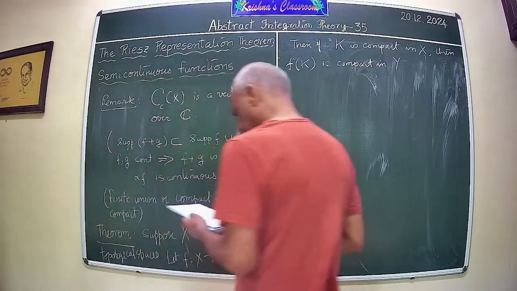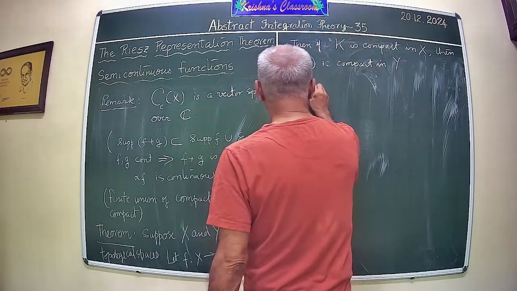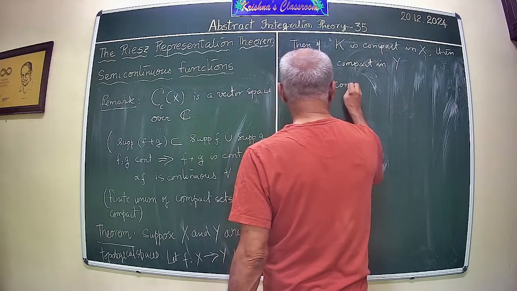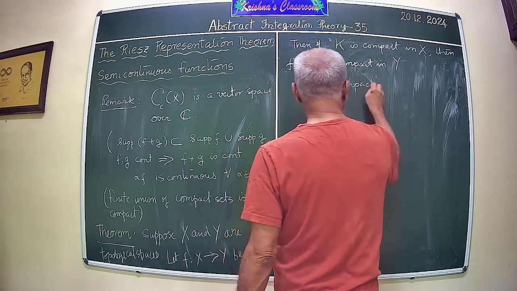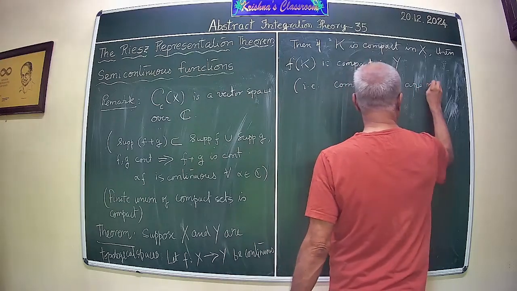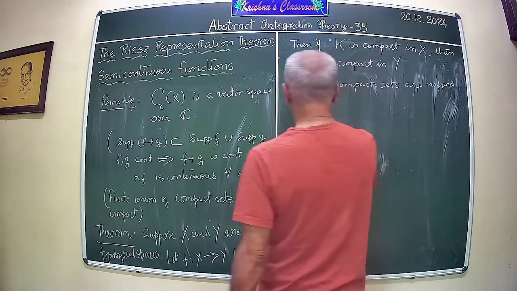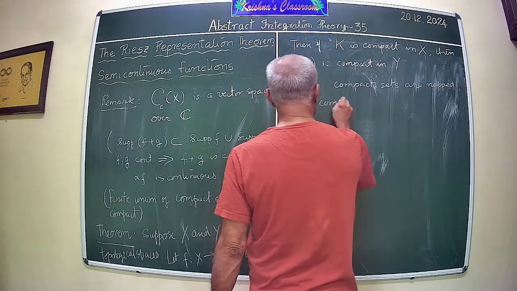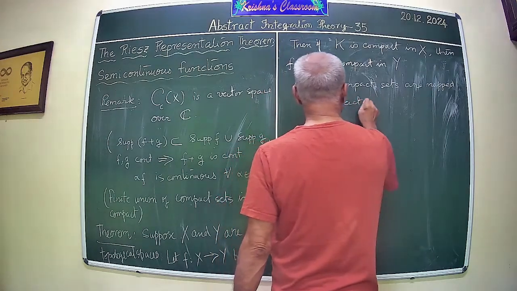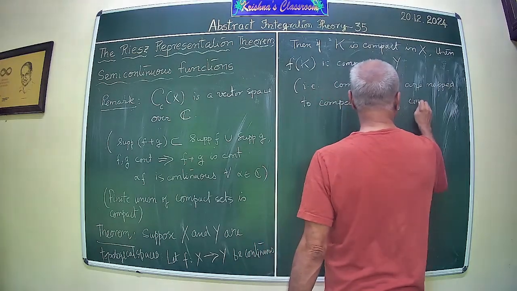It's very easy to prove this also. That is, compact sets are mapped to compact sets by continuous functions.